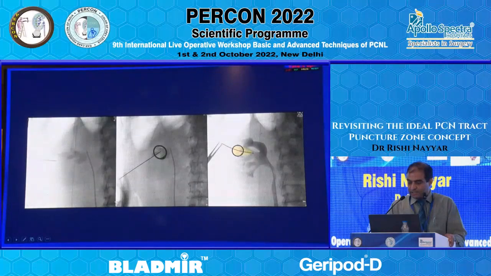In this case, we did a puncture at about a 5 to 10 degree tilt, because we also wanted to access this middle anterior horn. So we need to make the puncture accordingly. The puncture was not made at 30 degrees. It was made somewhere in the 5 to 10 degree orientation of the C-arm. And complete clearance could be achieved in this case using a single tract only.